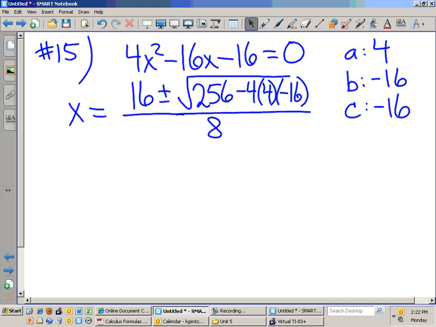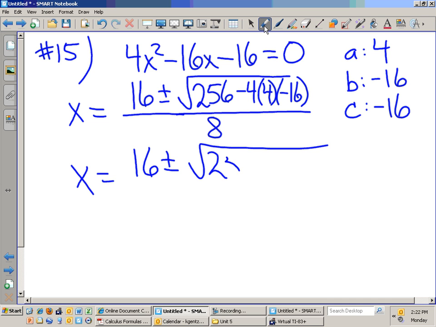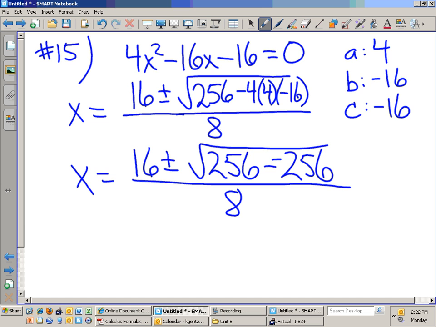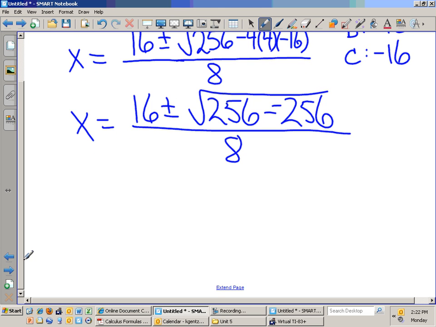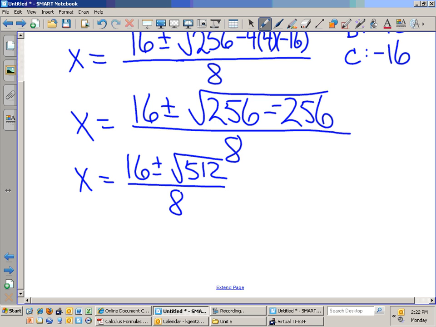So I have x equals 16 plus or minus the square root of, we have 256, and then minus a negative 256. X is equal to 16 plus or minus square root of 512 divided by 8.